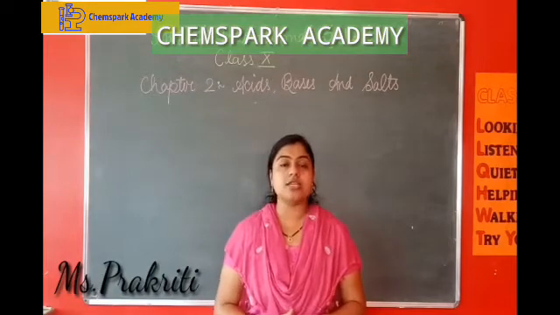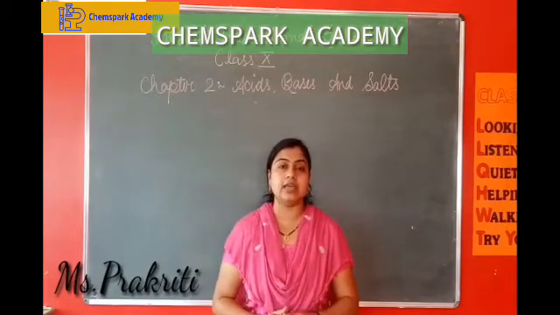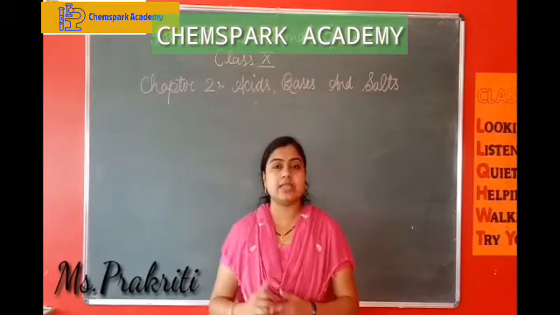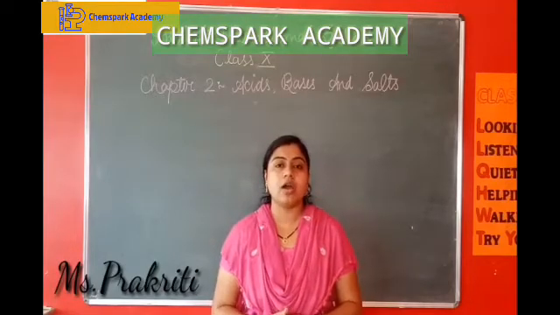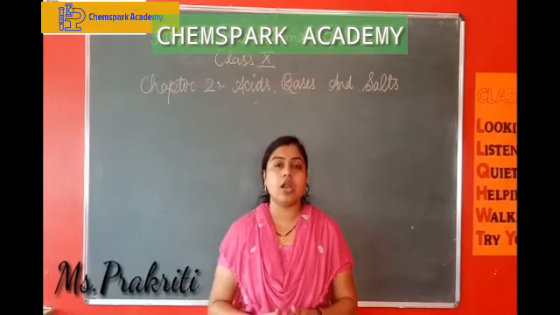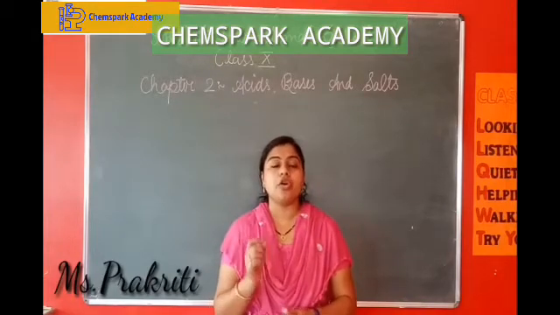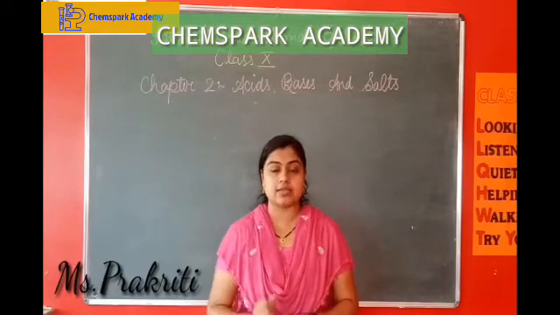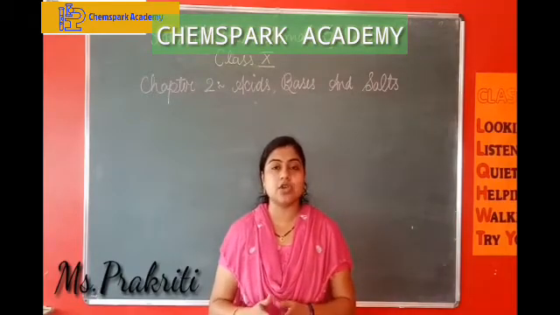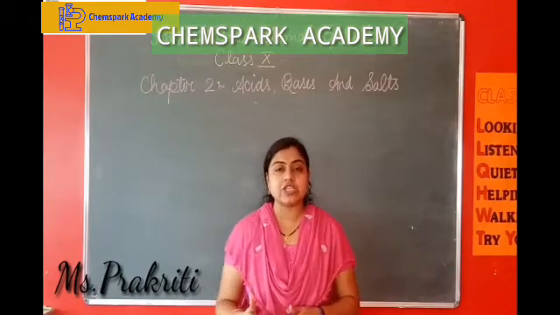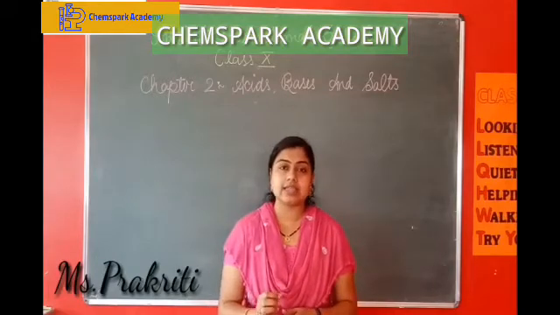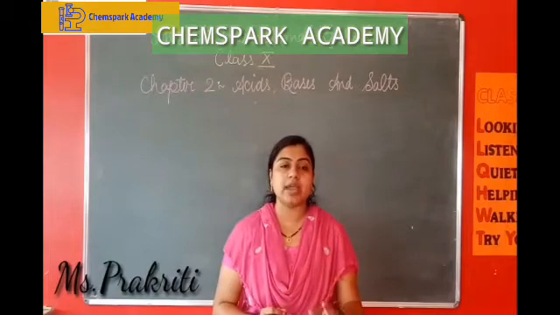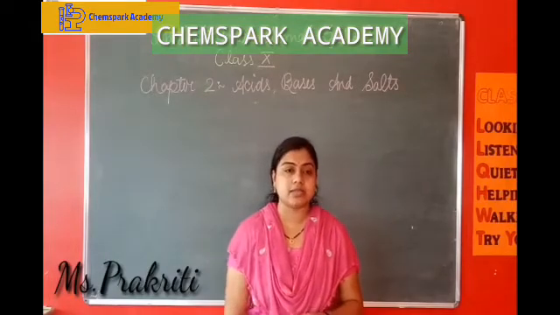Long ago, there was a scientist named Arrhenius. He categorized acids and bases based on the release of H plus and OH minus ions. The substances which release H plus ions are acids, and those which release OH minus ions are bases.